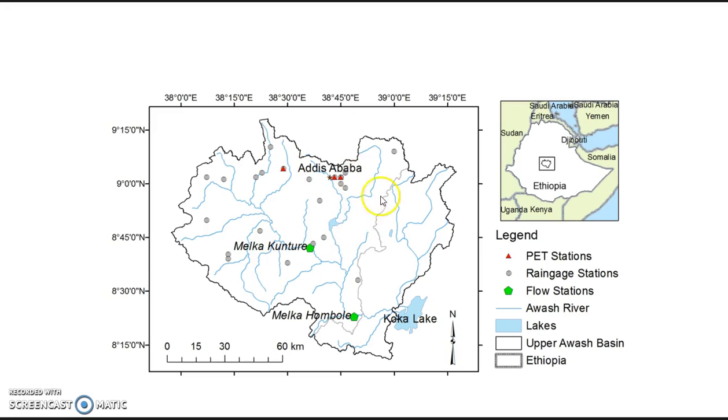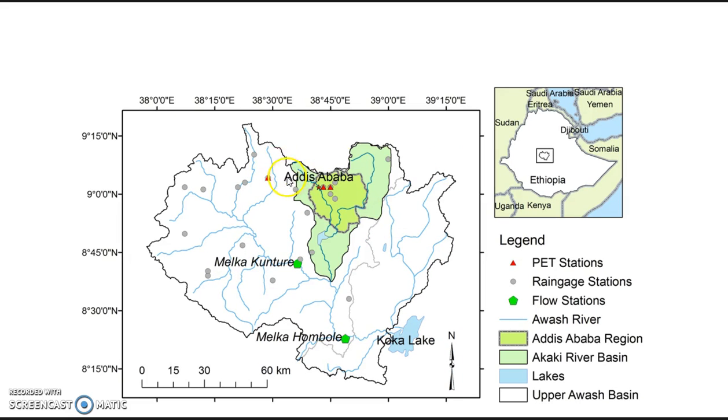From this part, we'll basically focus on this sub-watershed, which has the Akaki river. I'll call it the Akaki River Basin for our analysis. Addis Ababa will be lying in the middle of it, so the whole Addis Ababa will be included in this Akaki River Basin as it appears on this map.